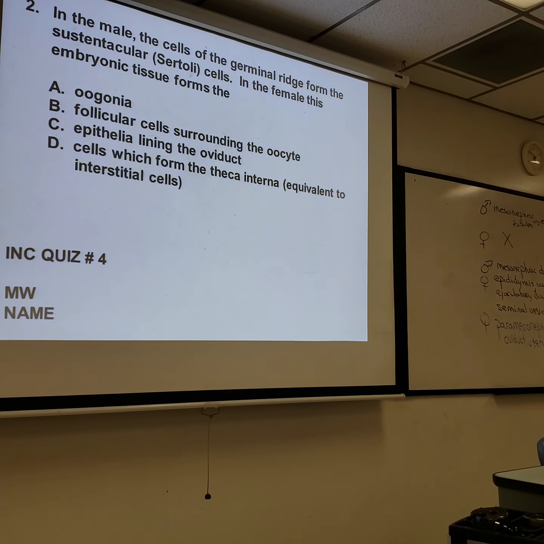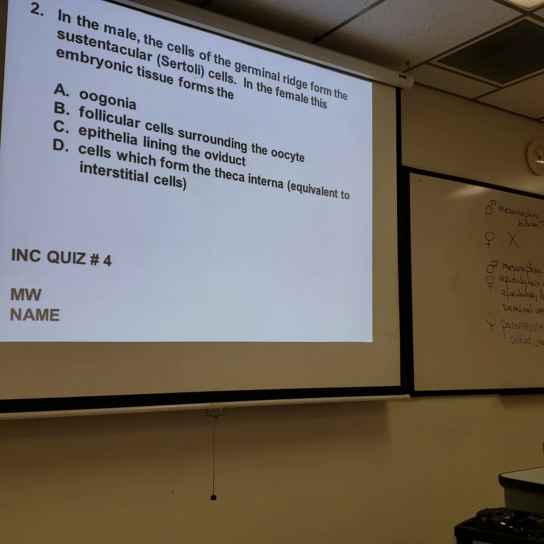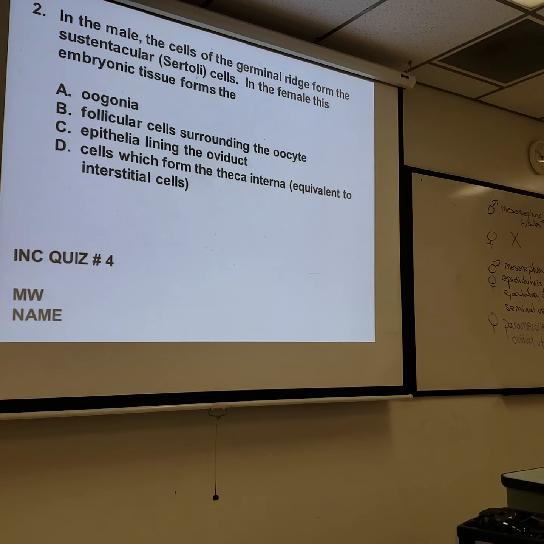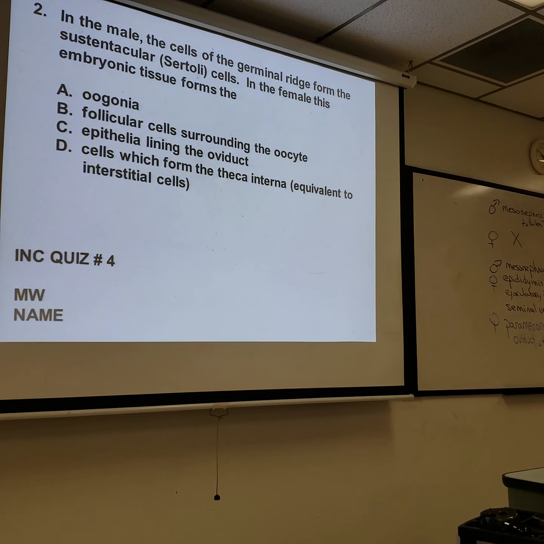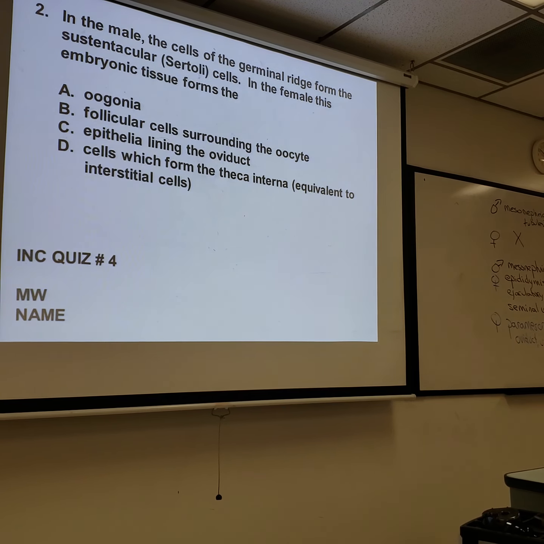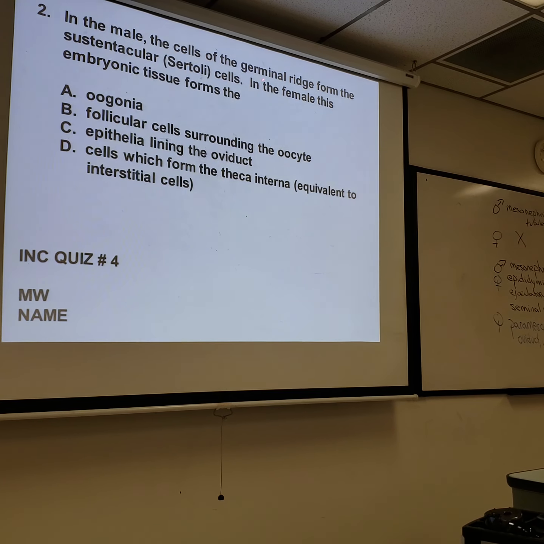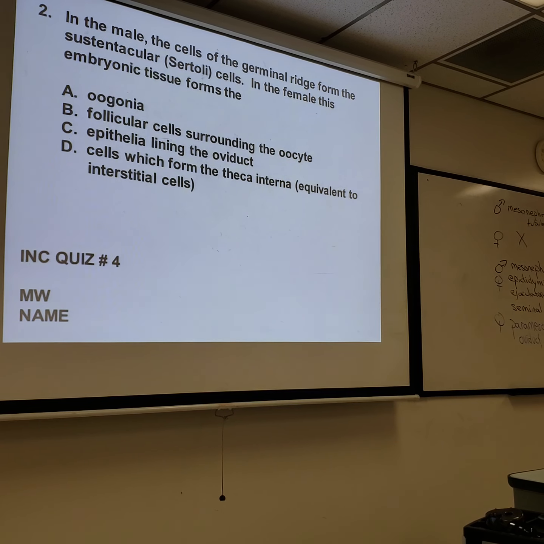Question number 2. In the male, the cells of the germinal ridge form the sustentacular or Sertoli cells. In the female, this embryonic tissue, the epithelia of the germinal ridge, forms what?